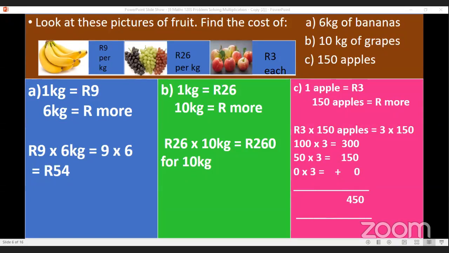Then there's 0 times 3. You can't multiply something by 0 and get anything but 0, so the answer will be 0. Yes, we learned about that property of 0.